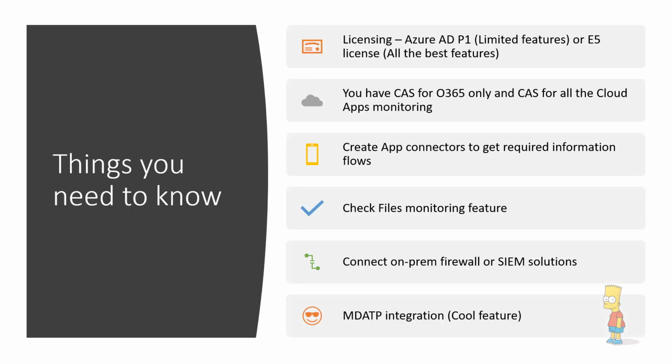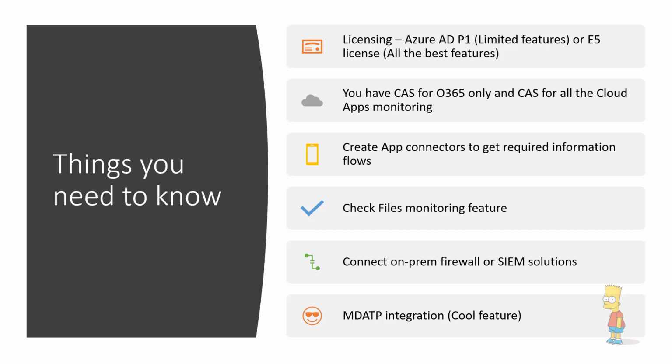The other thing you need to know about is, from the licensing perspective, you need to have a minimum of Azure AD P1 license, but of course P1 will only have very limited features, or else you can go with Microsoft E5, which is the highest version, and of course you have the best features on E5. Then when it comes to monitoring, you need to make sure there are two versions of CAS available.